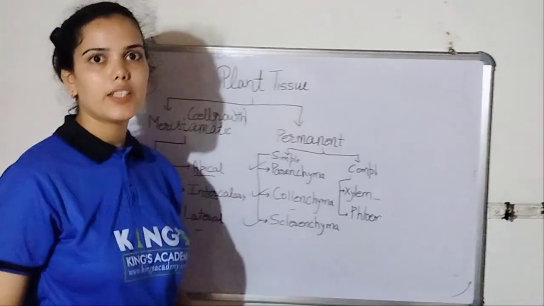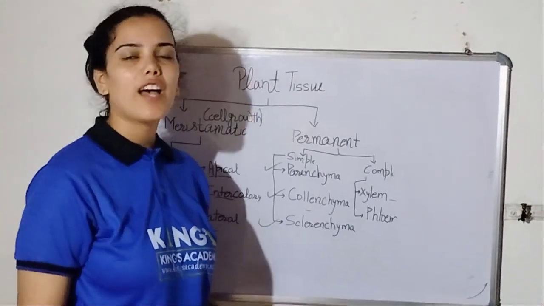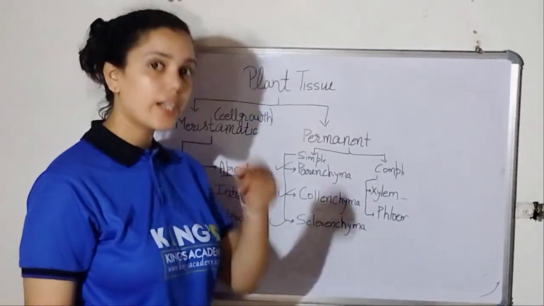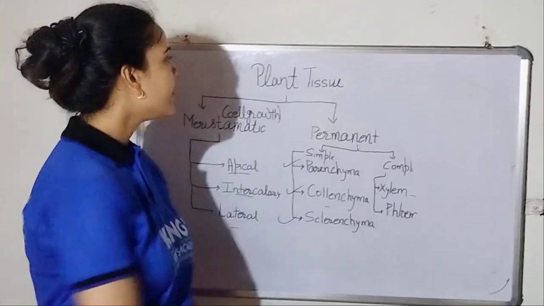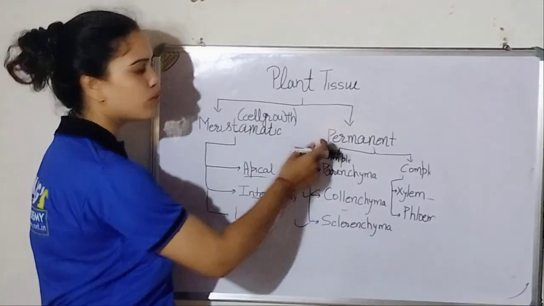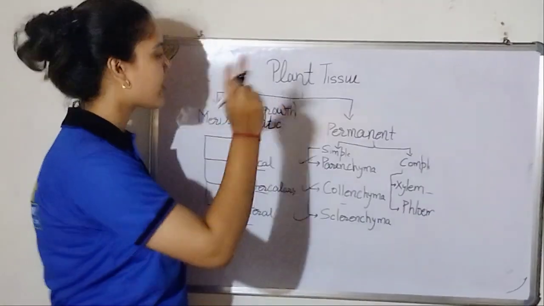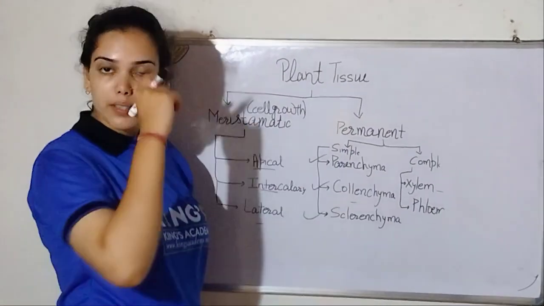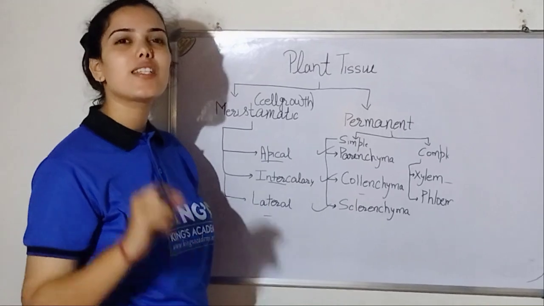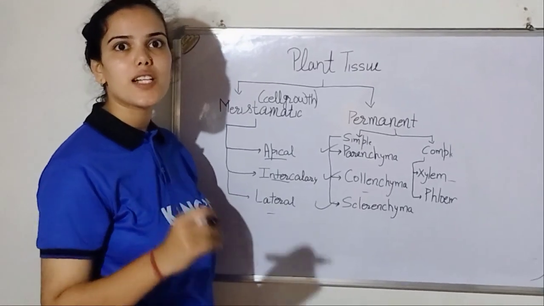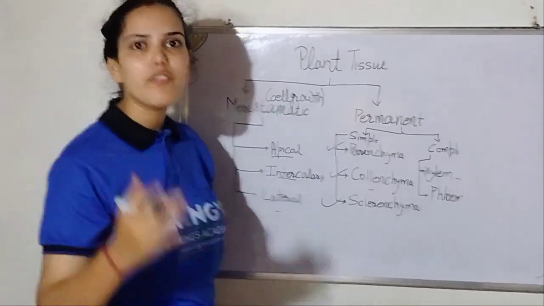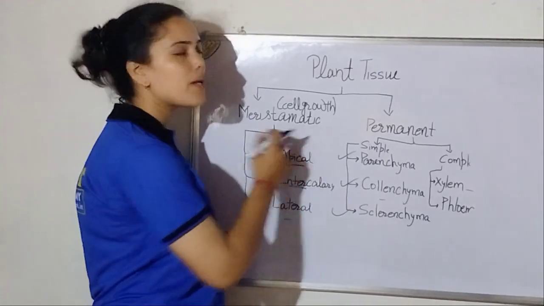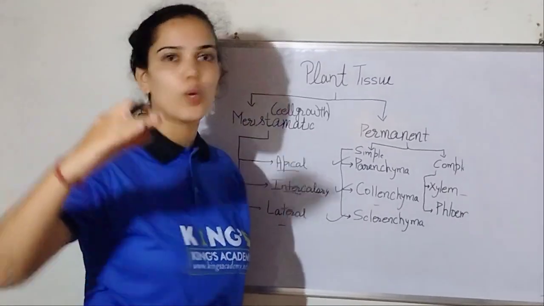So this is what plant tissues are all about. I will quickly help you to revise it again. Plant tissue is divided into two tissues, meristematic and permanent. Meristematic tissue helps the plant to grow and divide. Meristematic is the region where a large number of cells are present, which helps in cell division.